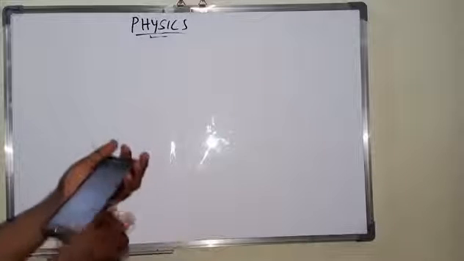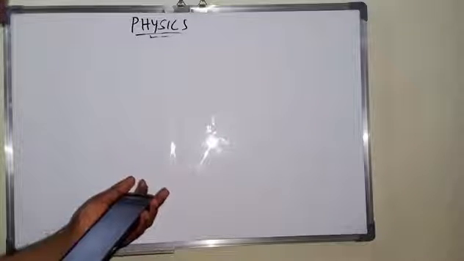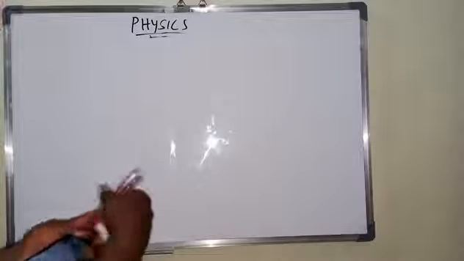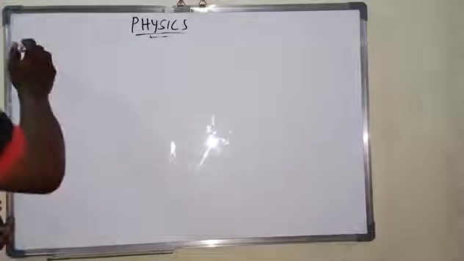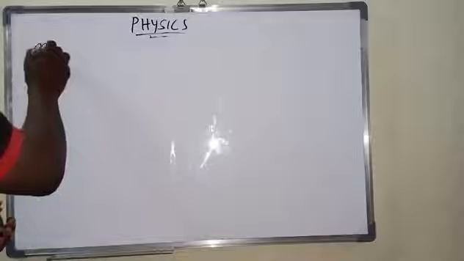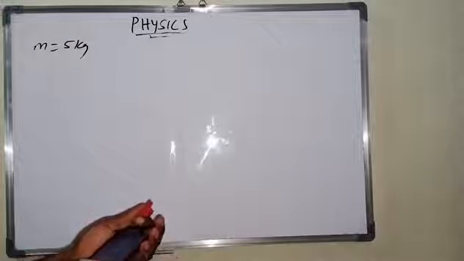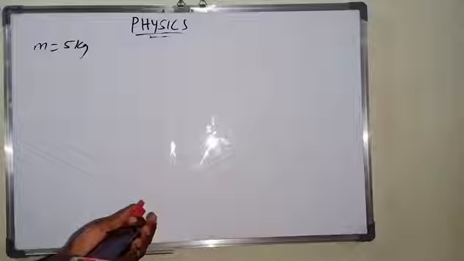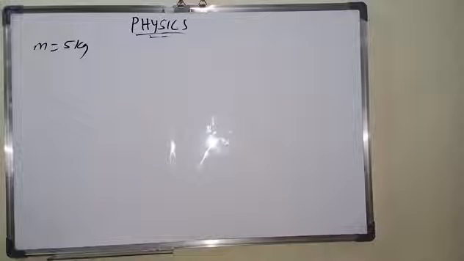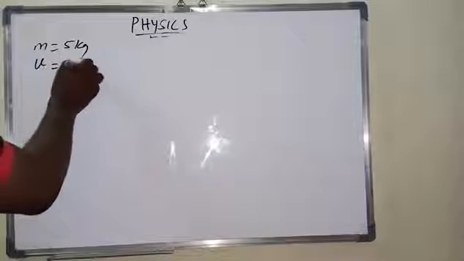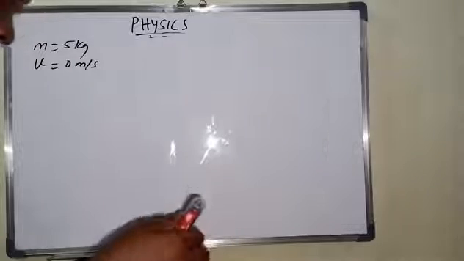So the next question says a body of mass 5 kg starts from rest. By starting from rest, what does it mean? It means the initial velocity u is 0 meter per second.